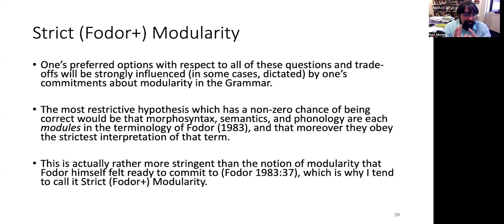And the most restrictive hypothesis about this, which has a non-zero chance of being correct, would be that morphosyntax, one box, semantics, one box, phonology, one box, are each modules in the terminology of Fodor 1983, and that moreover they obey the strictest interpretation of that term. Because this is more stringent than the notion of modularity that Fodor himself felt ready to commit to, as I already mentioned, I've been calling this Fodor plus modularity, so strict Fodor plus modularity.